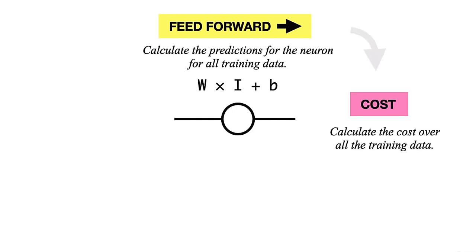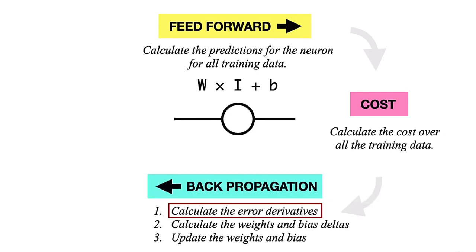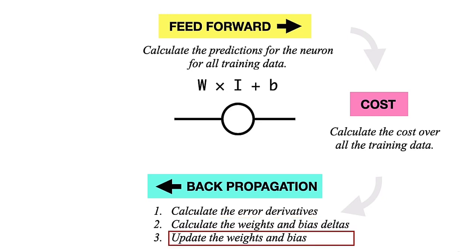The cost is calculated just like before, after which the backpropagation starts. We have seen how to calculate the error derivatives for all training samples. We also just saw how to calculate the weights deltas and bias deltas. All we need to do is to update the weights and biases.